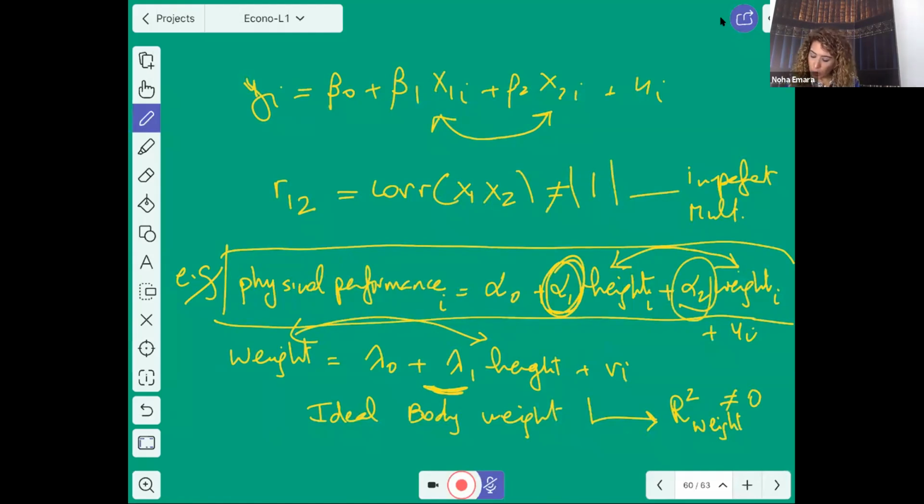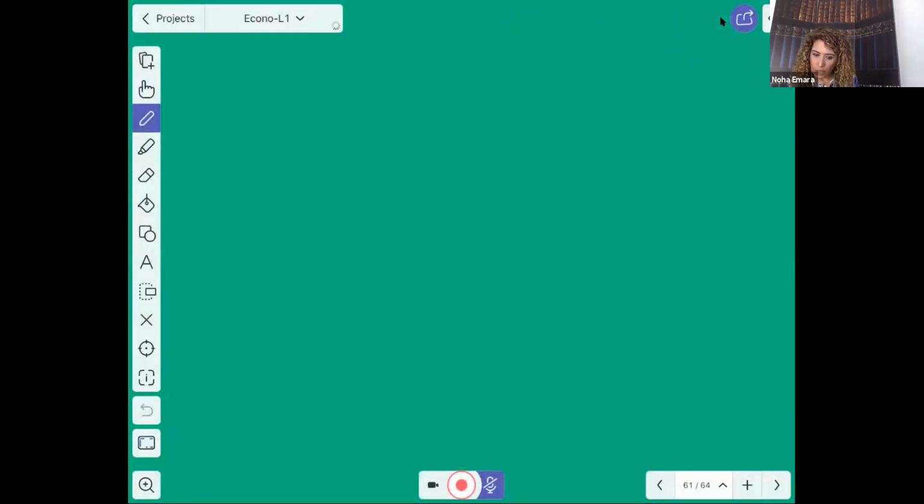At this point, I want to remind you of the three videos that you have, multicollinearity parts 1, 2, and 3. In parts 1, 2, and 3, we are dealing with the coefficient being estimated and the standard error of the coefficient, and how they are affected by the multicollinearity.